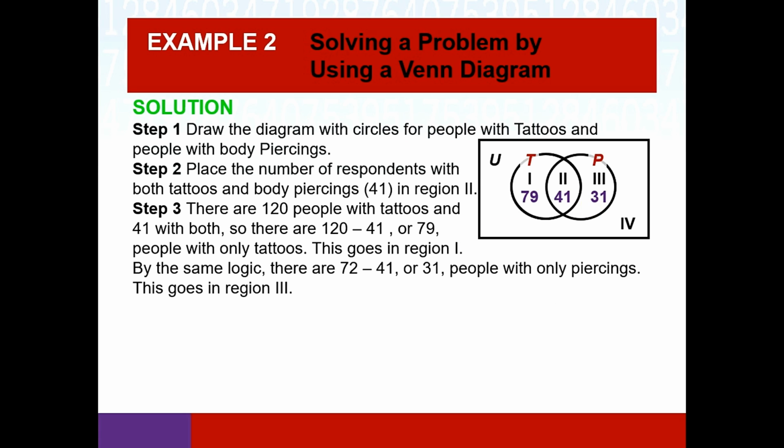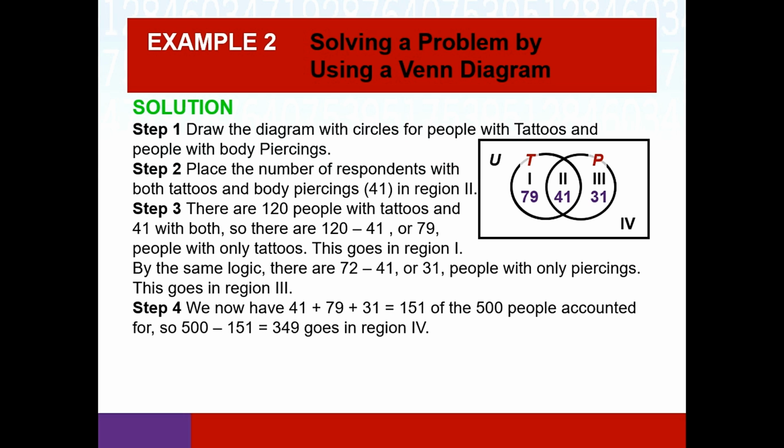Now, let us consider if there are any more people who have no tattoos or body piercing. Since there were 500 people that were called, we will add 79, 41, and 31, and that gives us 151.